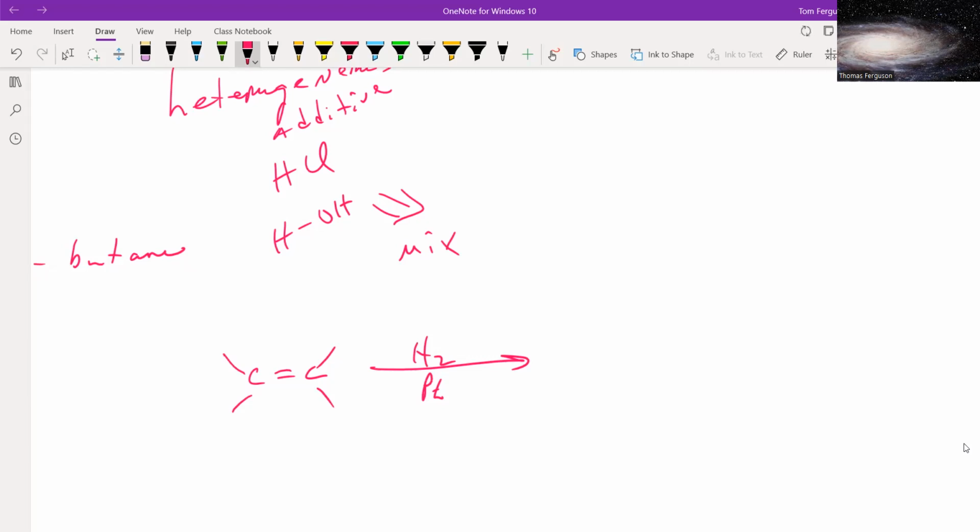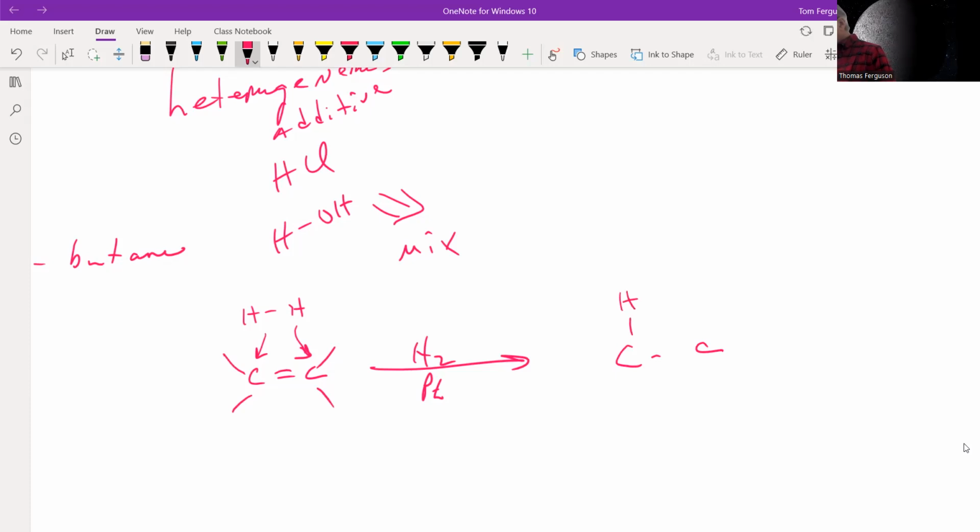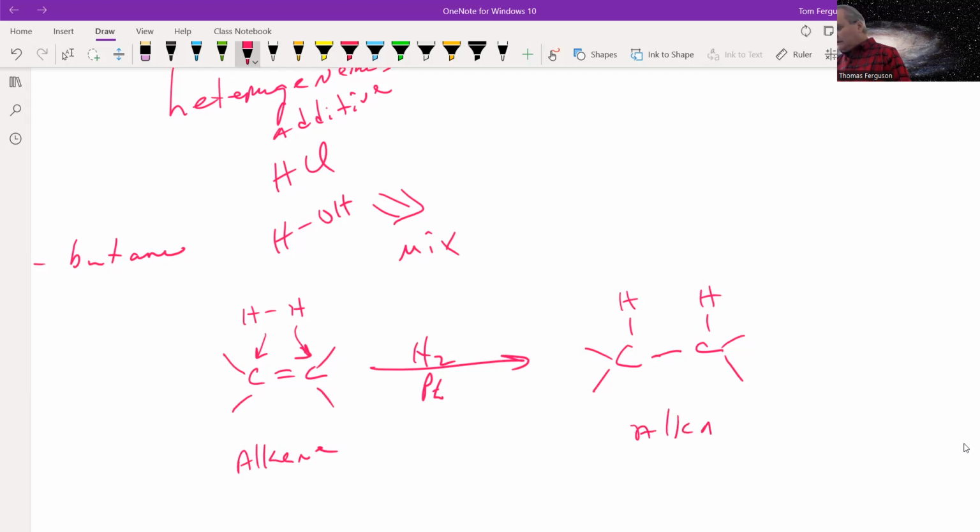Either way, it's fine. So the H2 is just going to add across that double bond. So what we end up with is that. We go from an alkene to an alkane.